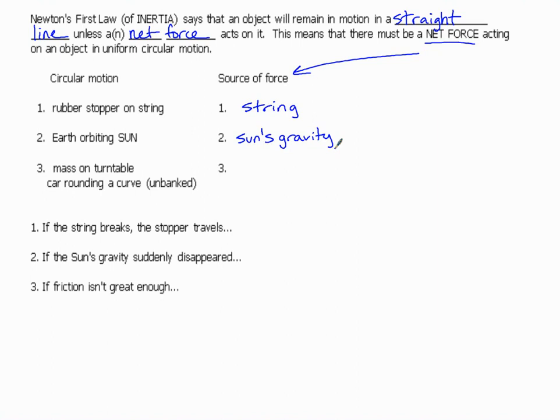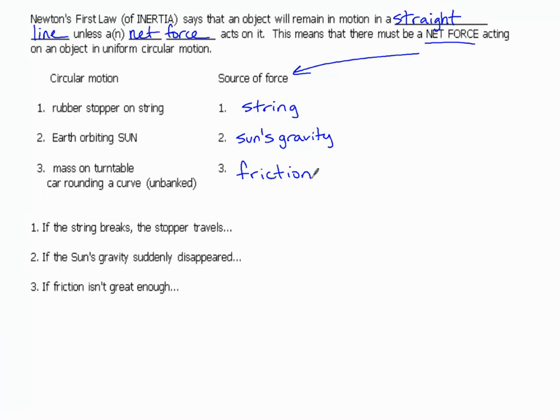What is it that keeps the car in contact with the curve, that makes the car travel in this circular pattern rather than just driving in a straight line into the field? In both of these cases, the source of this force is friction. The friction between the tires and the road holds the car onto this curve.